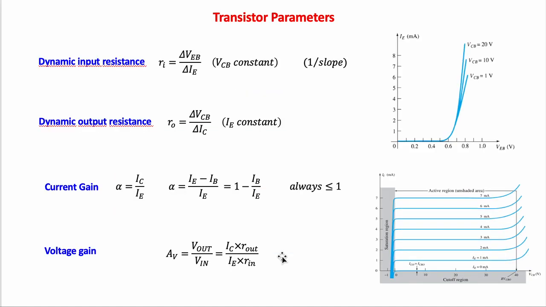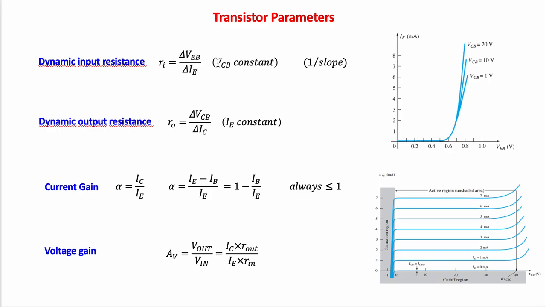All right, since the transistor consists of p-n junctions, we can talk about the dynamic resistance, which refers to the change in the current in response to the change in the voltage at a specific operation region. The dynamic resistance at the input circuit is the ratio of input voltage change and input current change, which is delta VEB over delta IE.